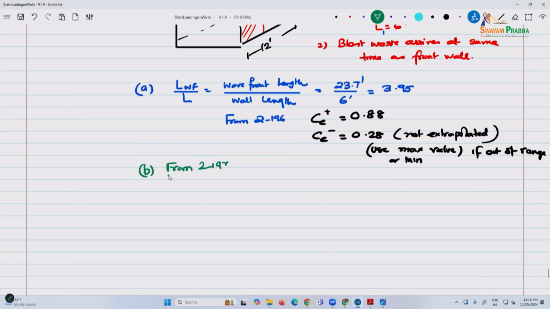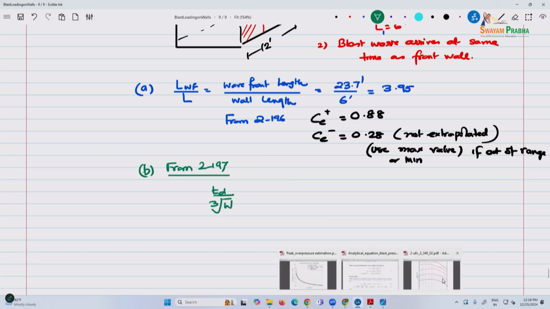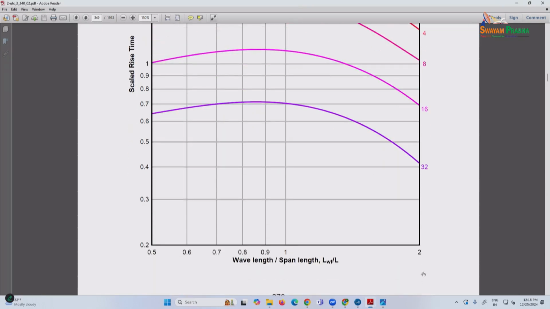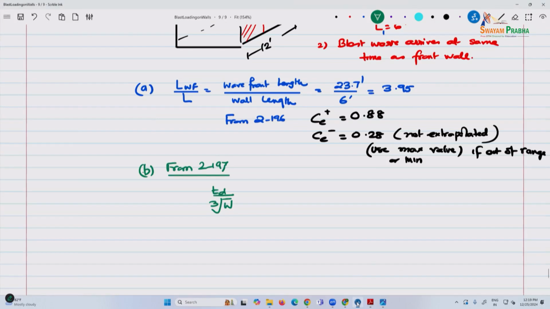So from 2-197, you get TD over cube root of W, and it is as a function of LWF by L. So the same thing is used.